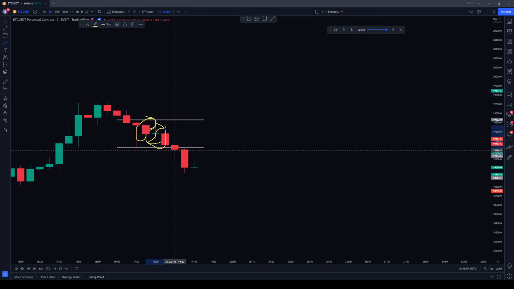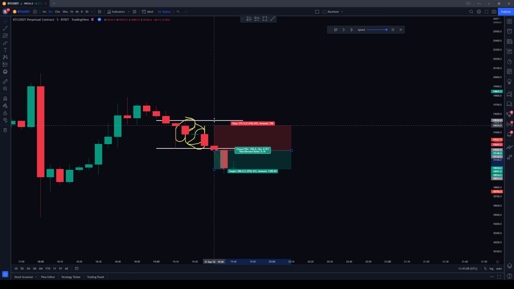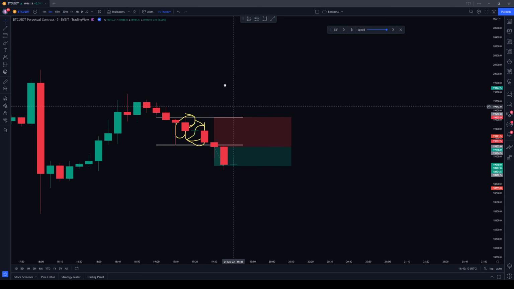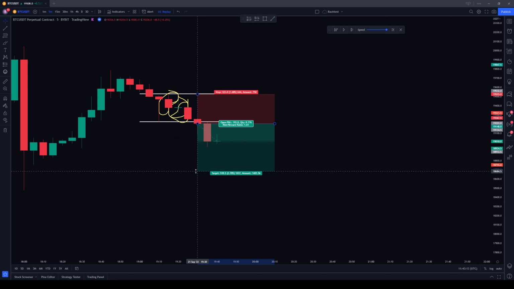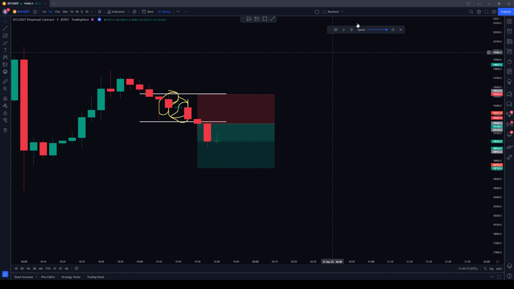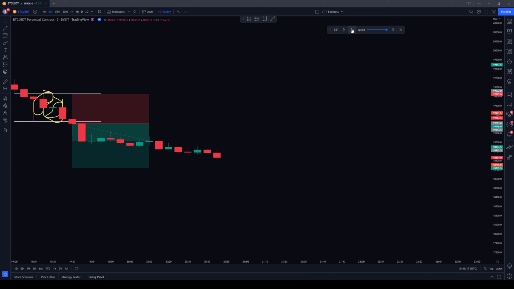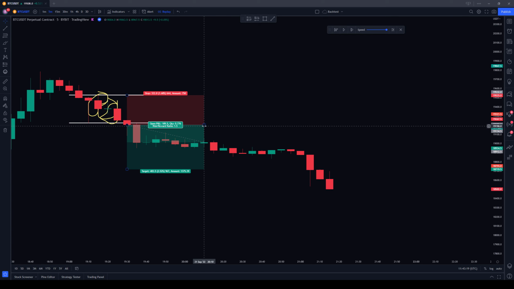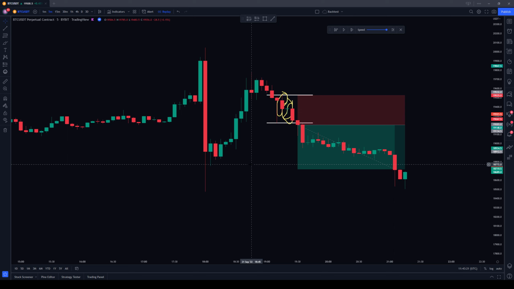It closed underneath it. So you take a short position right there, set your stop loss on that line, and you do it times 1.5. And let's play that forward. And you had a nice profit. And this way you skip a lot of sideways momentums.